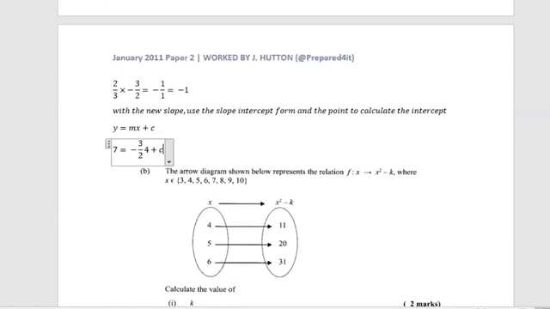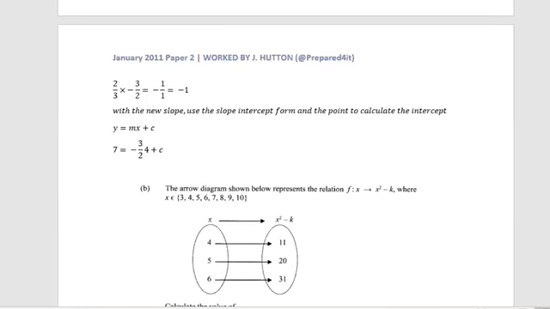So our new gradient, when we're finding the perpendicular line, will be -3/2, just a flip with a negative sign. And they're giving us the x and y values, 4 and 7. The first value in the bracket was our x value, the second was our y value, and we're just trying to find what c is, which is the y intercept.